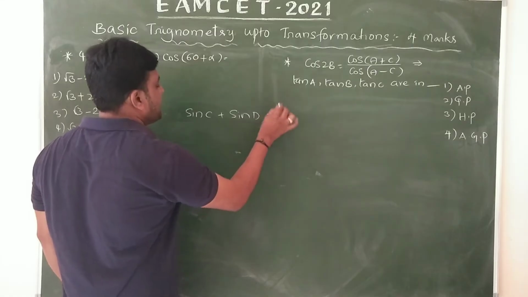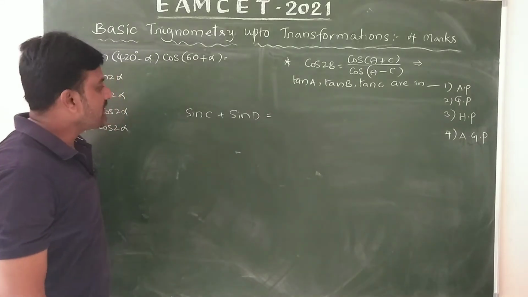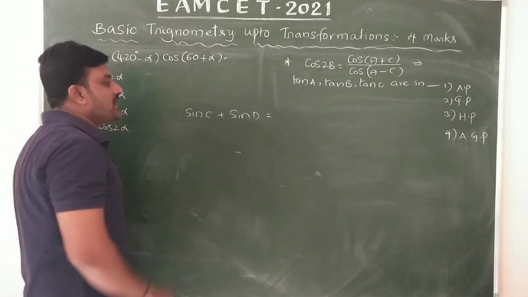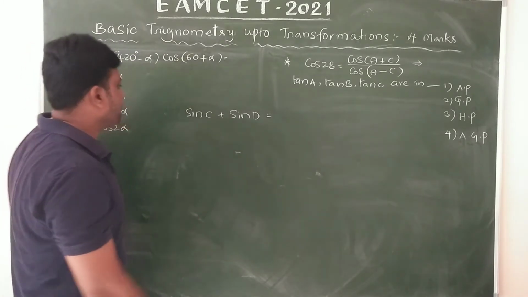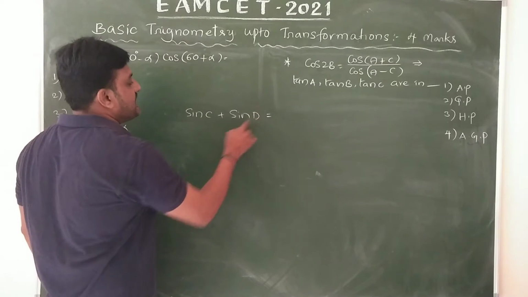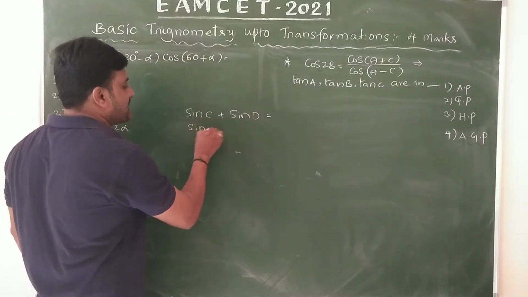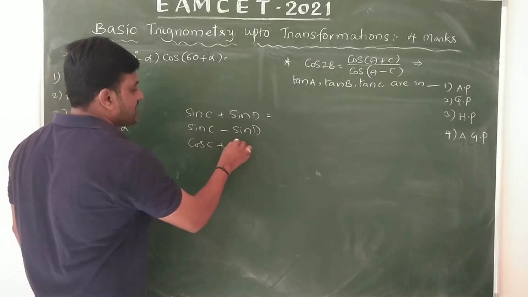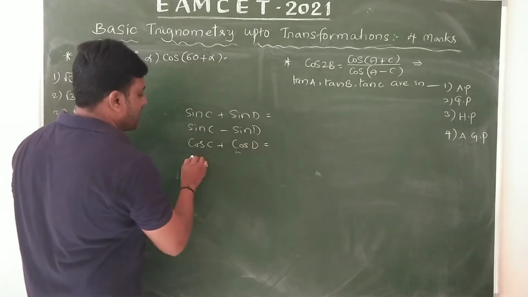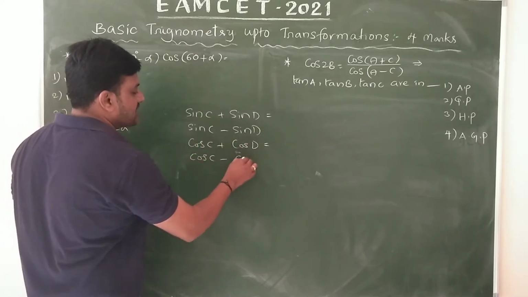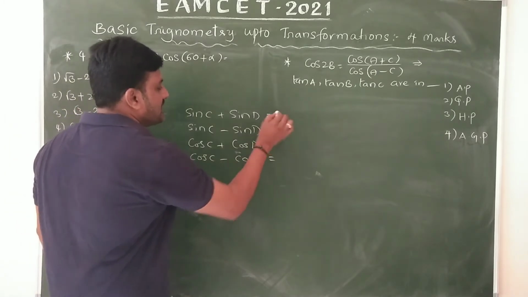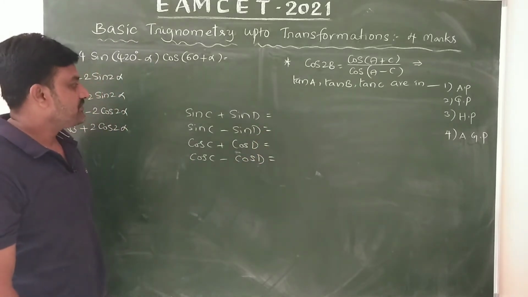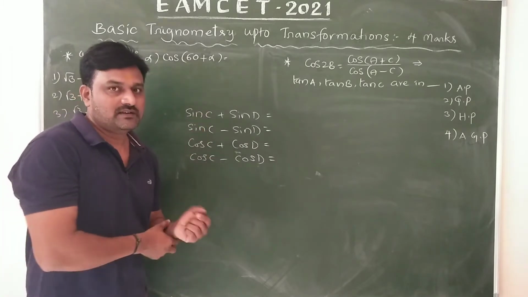Sin C plus sin D equals to... Simply you can remember it by an easy tip. Sin C plus sin D, sin C minus sin D, cos C plus cos D, and cos C minus cos D. Let us observe the sine formula.